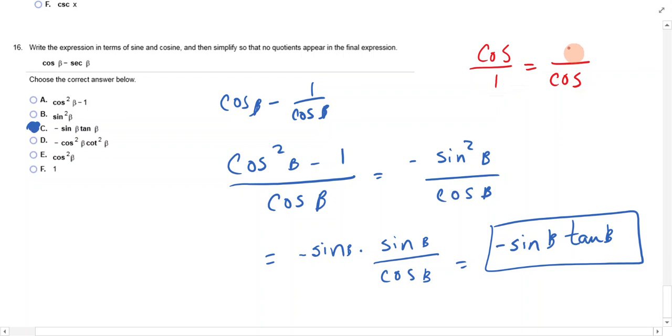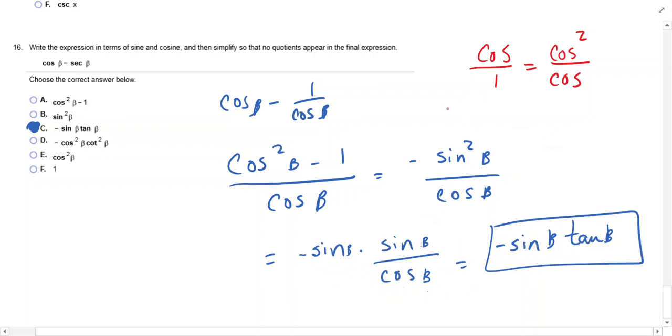The only thing that would make that would be cosine squared. So we have cosine squared beta minus 1 over cosine. This is equal to negative sine squared. And so we have negative sine times positive sine over cosine beta. That is tan, so we have negative sine beta tan beta.